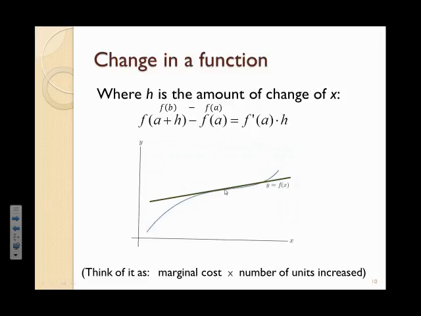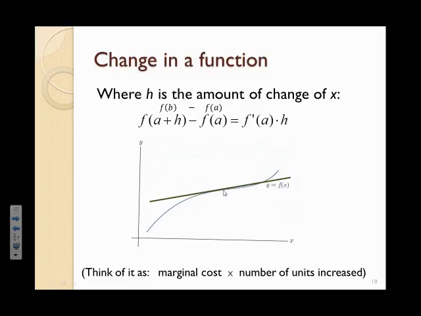We take the slope at this point and multiply it by 4. The slope at this point would be the marginal cost. That would be 5, and then multiply that by this increase of 4 units. So from 6 to 10, we say, oh, that's very close. That should be accurate.